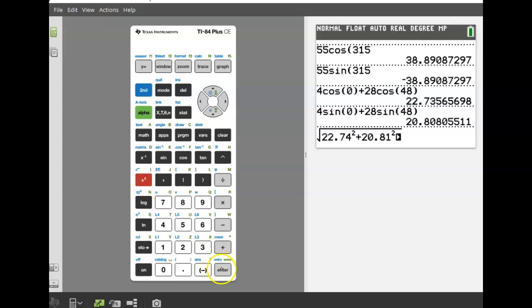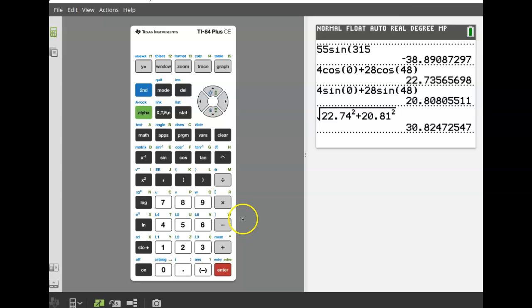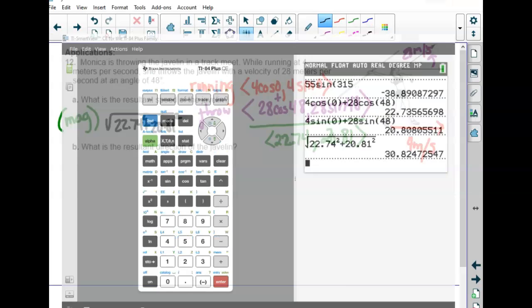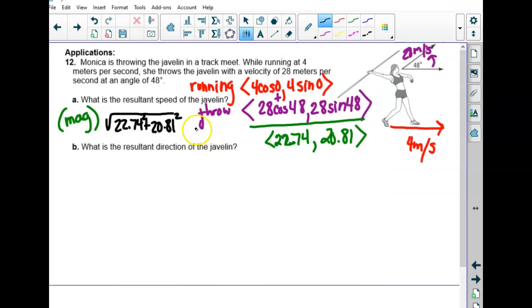You could type it and then square root it, whatever. I got 30.8, and I'm going to round to a tenth now. Anybody know the label on that? Meters per second. Good job, because that was the resulting speed, and we were using the same labels for the two vectors here.